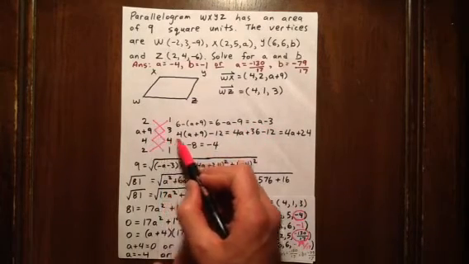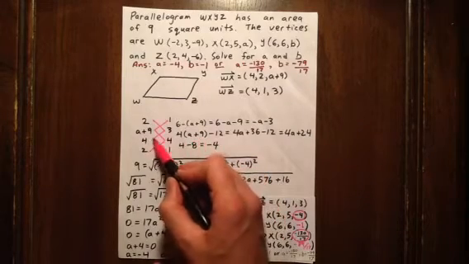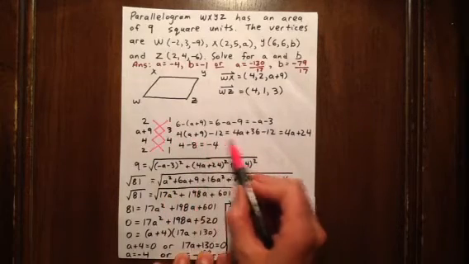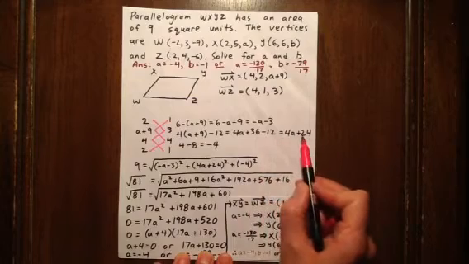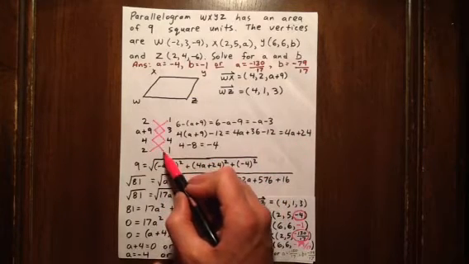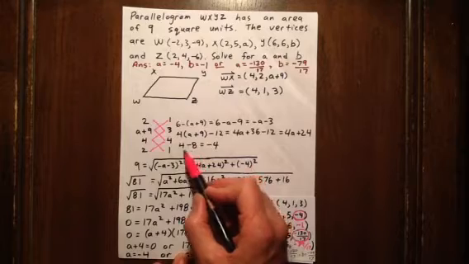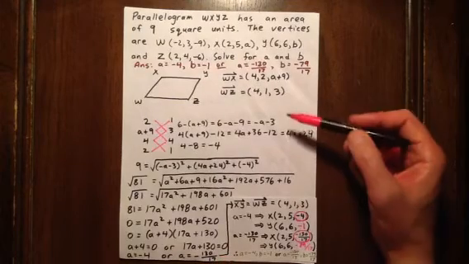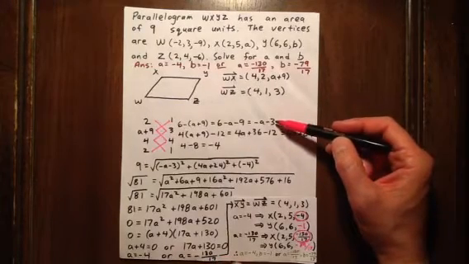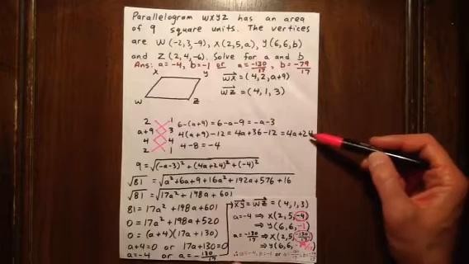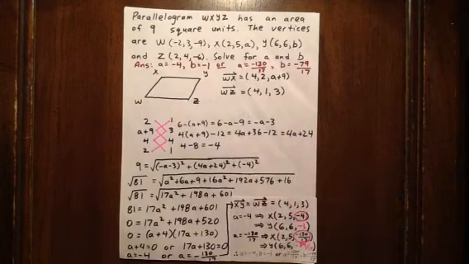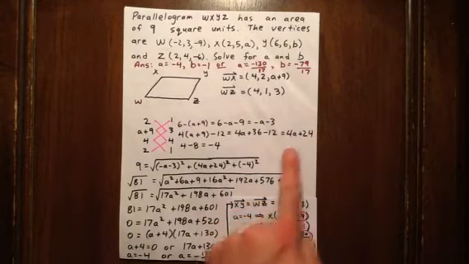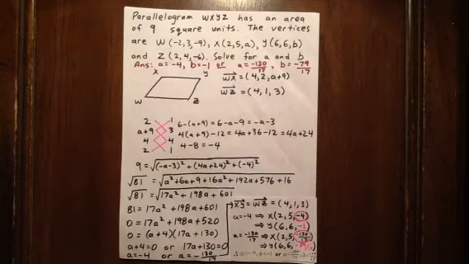A plus 9 times 4 minus 4 times 3 simplifies to 4a plus 24. And lastly, 4 times 1 is 4, minus 2 times 4 is 8, 4 minus 8 is negative 4. So our x, y, and z components are negative a minus 3, 4a plus 24, and negative 4. That's our cross product. And so the magnitude of that cross product is the area of the parallelogram.